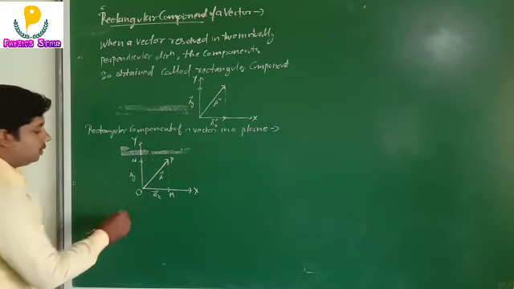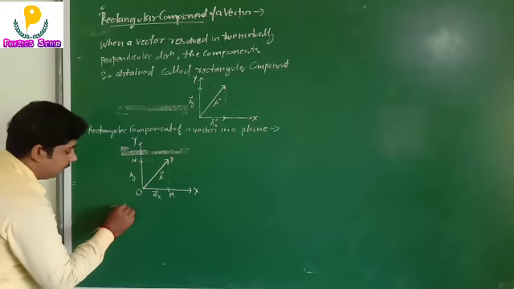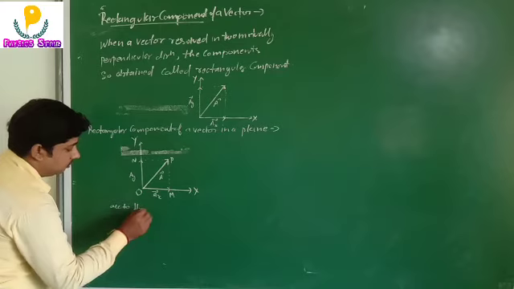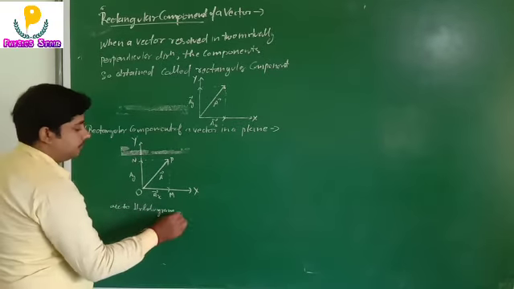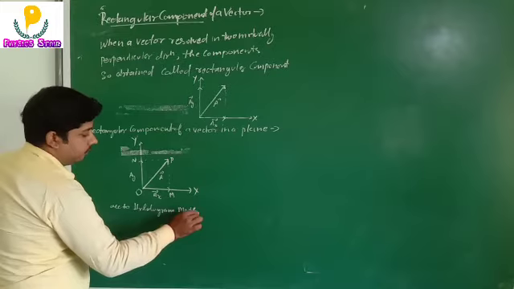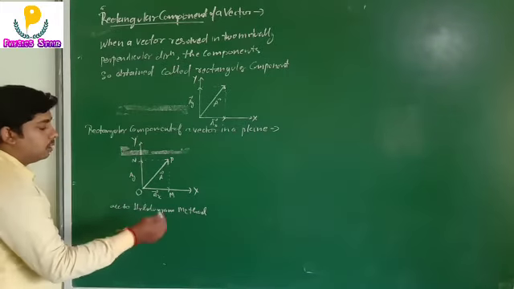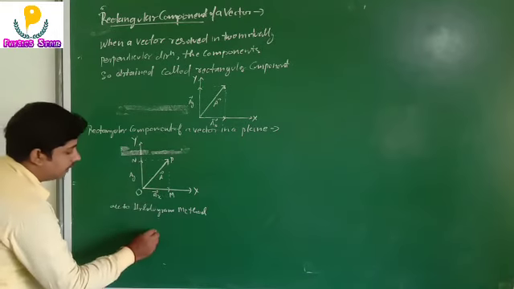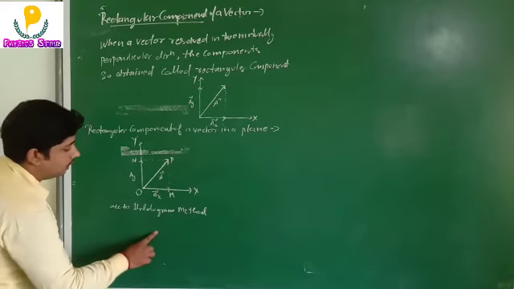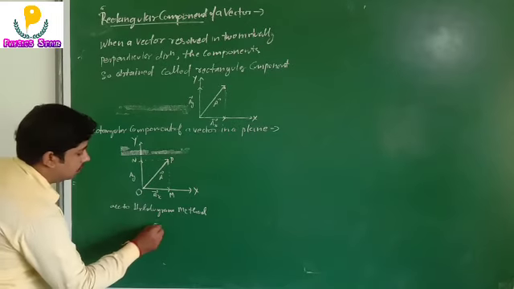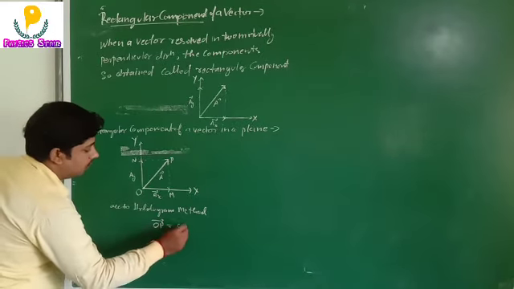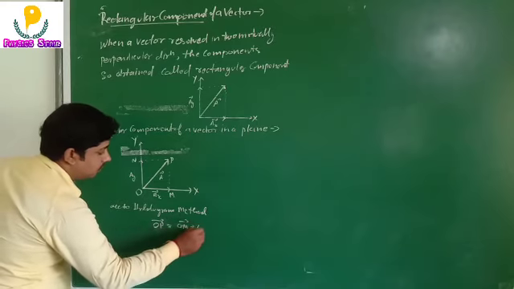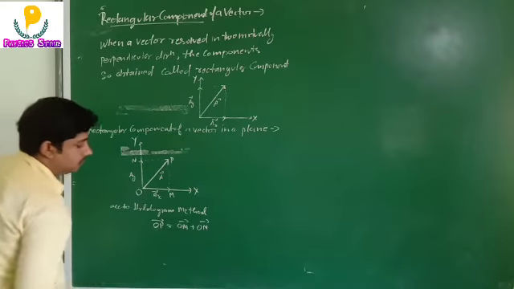According to the parallelogram method or parallelogram law, we can represent the vector A. Here we can write the position vector OP is equal to OM plus ON.